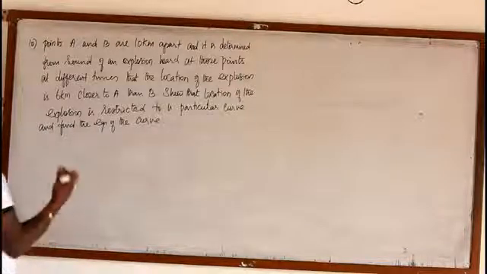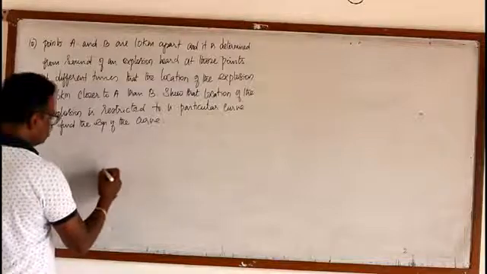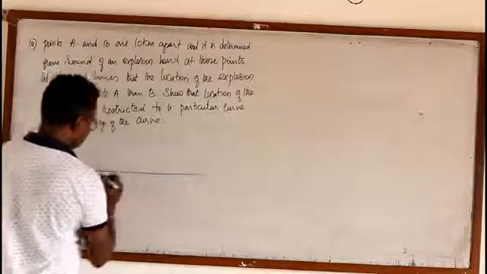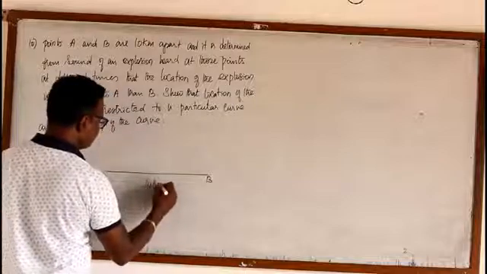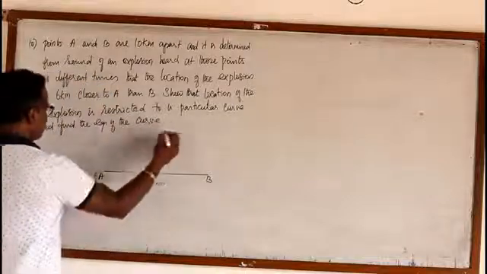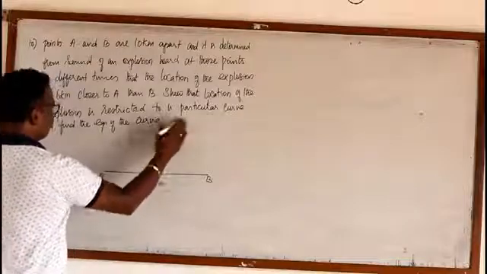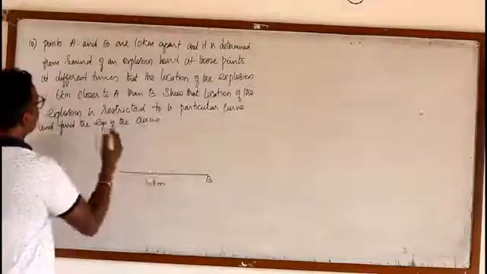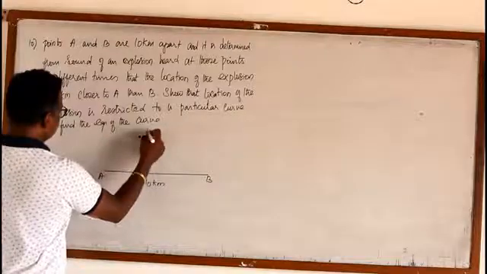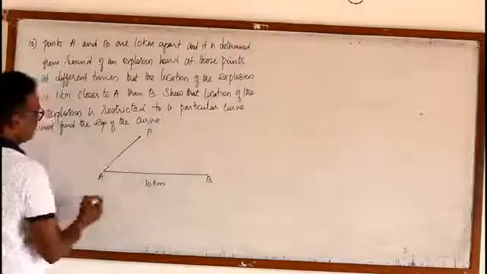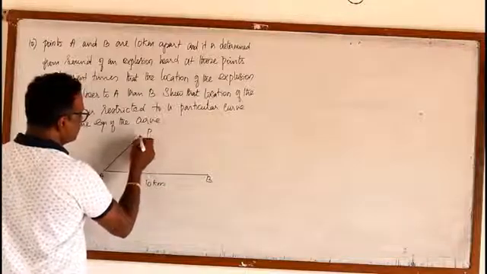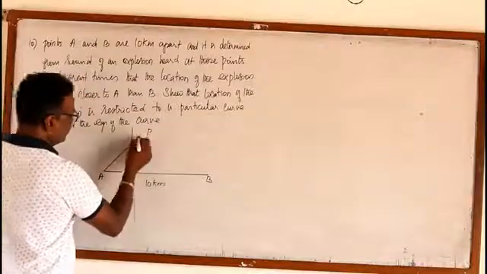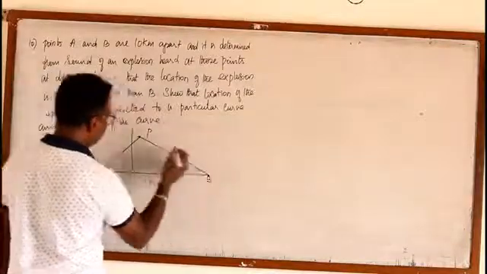So in that case, the location of this explosion is restricted to a particular curve, and we must find the equation of the curve. Two points A and B are fixed, and the distance between them is 10 km. An explosion is happening somewhere at P. It is heard by A very fast, whereas B hears it later.